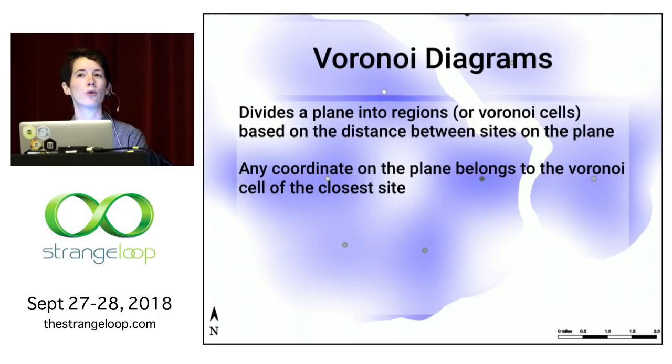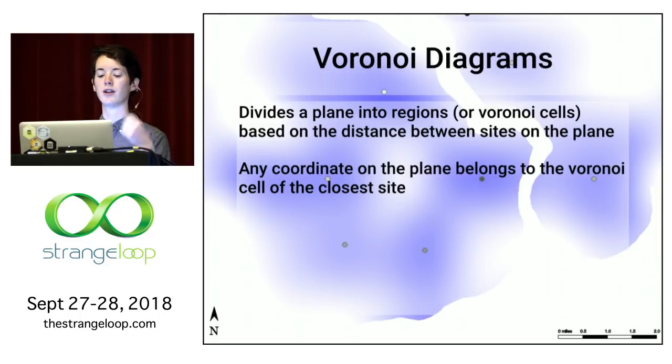There are a lot of really cool ways to calculate the position of Voronoi cells. They're really efficient, really clever ways, but the down, dirty, simple, easy to understand way to figure out where Voronoi cells are is you just say for any point, any coordinate, it belongs to the Voronoi cell of the closest site.